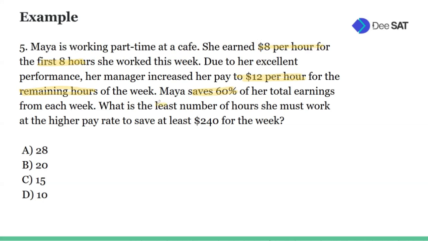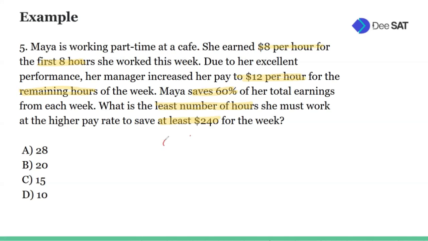So we need to find the least number of hours she must work at a higher pay rate to save at least $240. So that is the basic information provided in the question. Now, what we need to find is actually very clear.